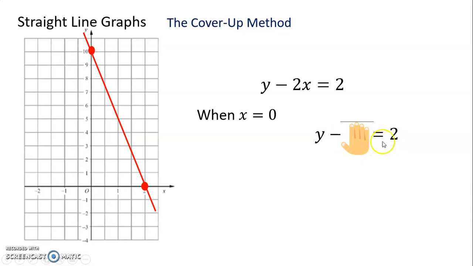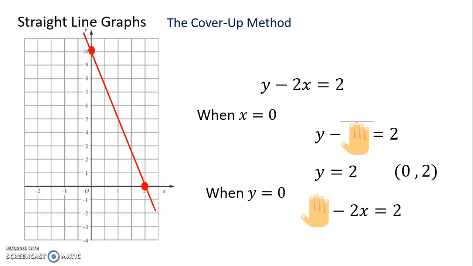I don't need to do any further calculation. This is a subtract here, but it's not making any difference because I'm subtracting 0. So y must be equal to 2, and so my coordinate is going to be 0, 2. Okay, when y equals 0 then, I'm going to cover up my y there, and now this subtract has made this a negative 2x.